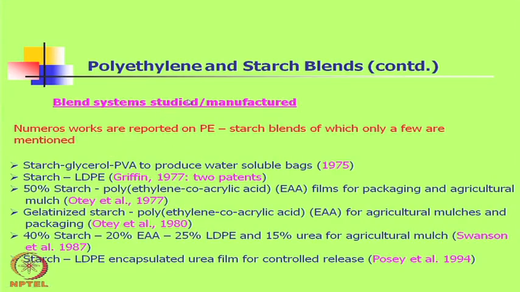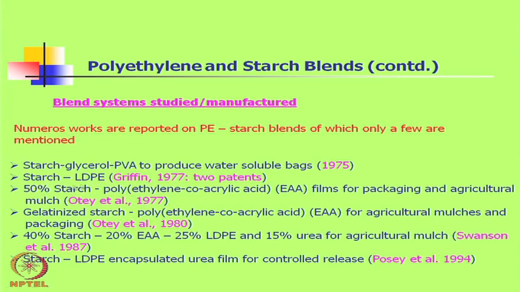So, there are blend systems already available, which have been manufactured, and products are available in the market. These are the systems: starch, glycerol, polyvinyl alcohol, which produce water soluble bags which have been developed.